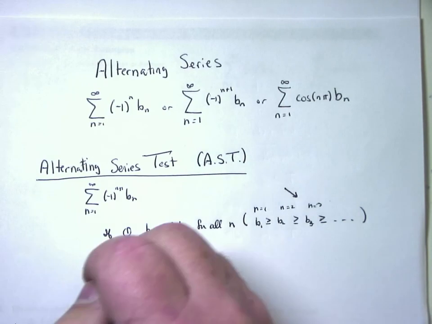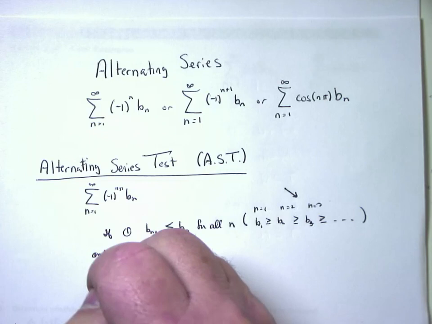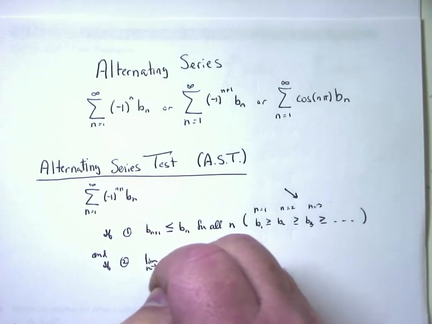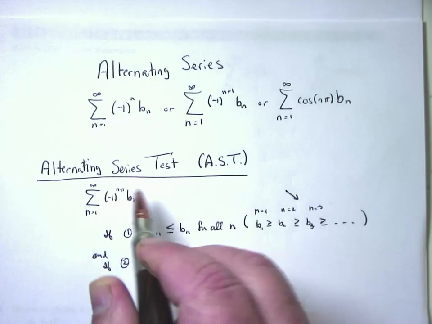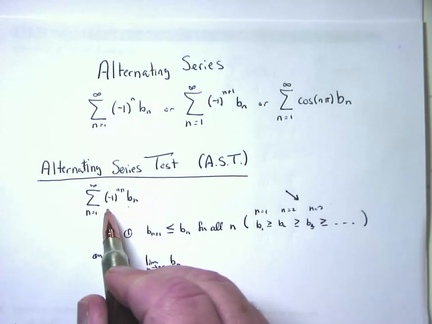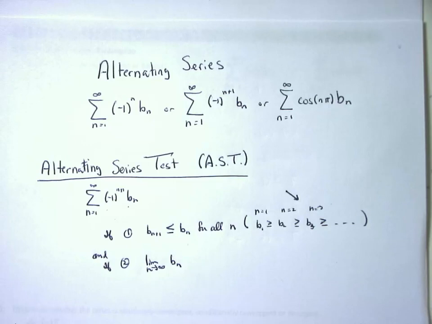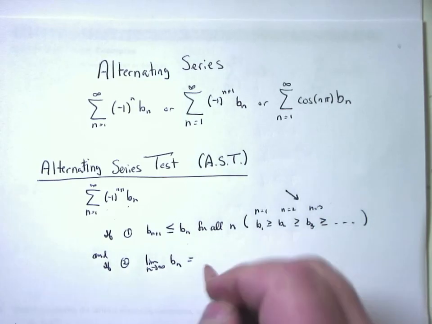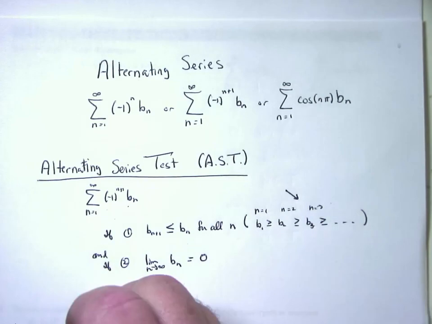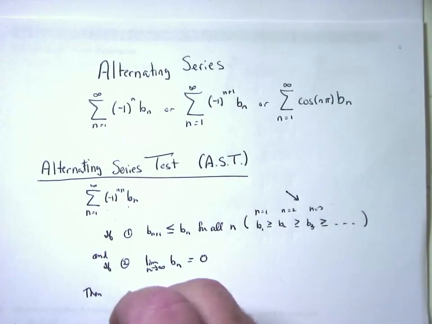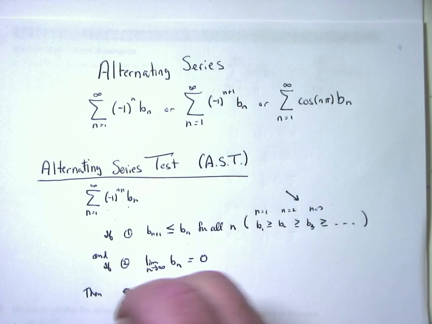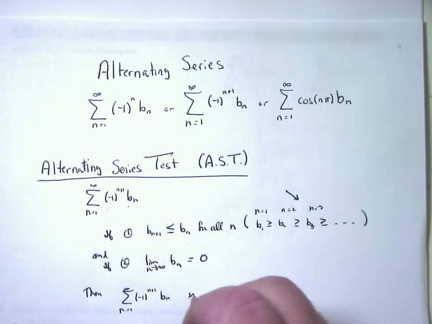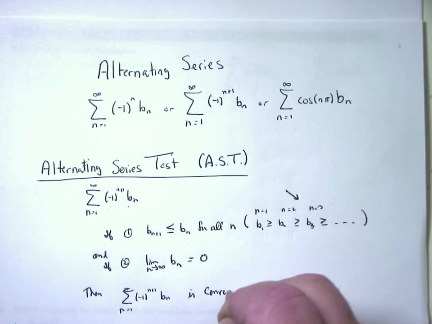And if, number 2, you take the limit as n approaches infinity of bn, which is the sequence part of your alternating series without the alternating aspect on it, and you get 0, then the sum as n goes from 1 to infinity of negative 1 to the n plus 1 times bn, the alternating series, is convergent.